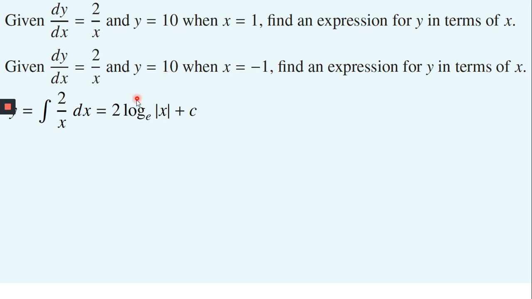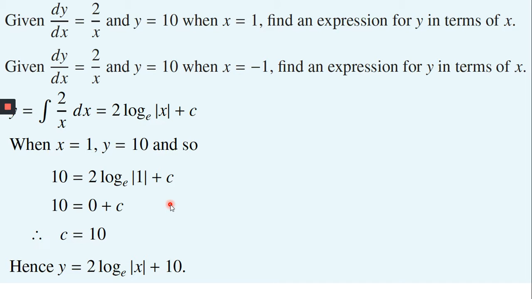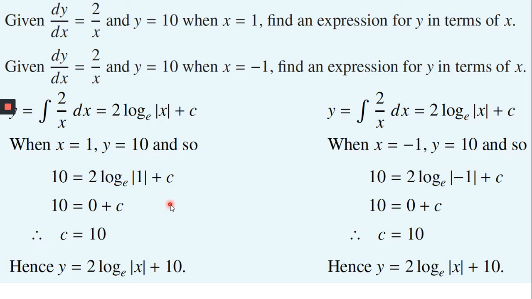We do the integral, and we end up with 2 ln mod x plus c. Let's shove it in. So we get 10 equals 2 ln 1 plus c, and c ends up being 10, so 2 ln x plus 10. Do this one, still ends up being 10. Same answer.